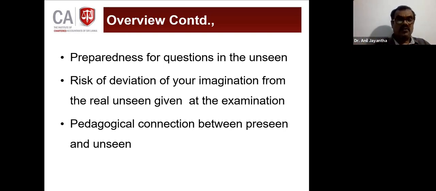So these are two aspects in the overview. The other thing is the pedagogical connection between preseen and unseen. What is this pedagogical connection? You have lots of experience about learning in other subjects.